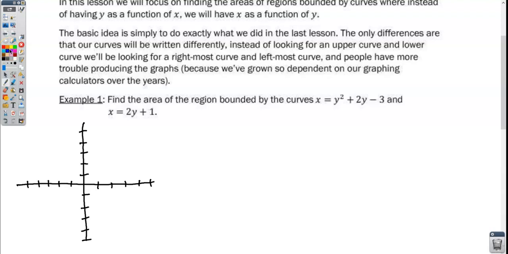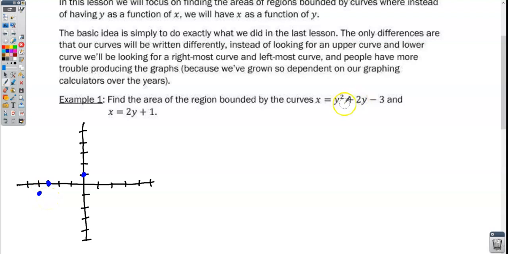First I'm going to graph x equals y squared plus 2y minus 3, and all I'm going to do is pick some y values, substitute them in, and find the value of x that goes with them. When y is 1, x is 0. So we've got that point right there. When y is 0, x is -3. When y is -1, x is 1 minus 2 minus 3, which is -4.